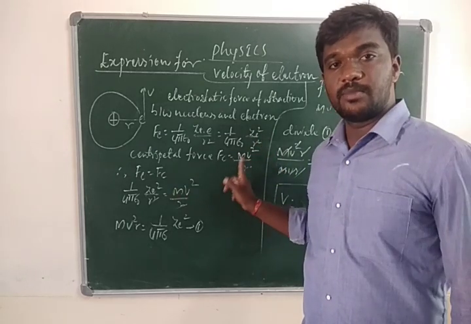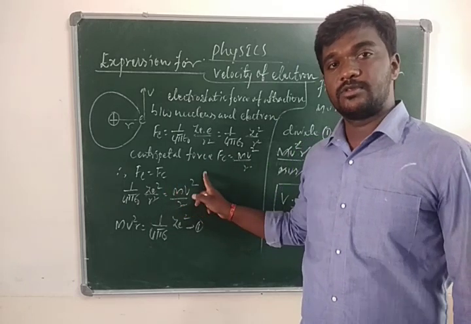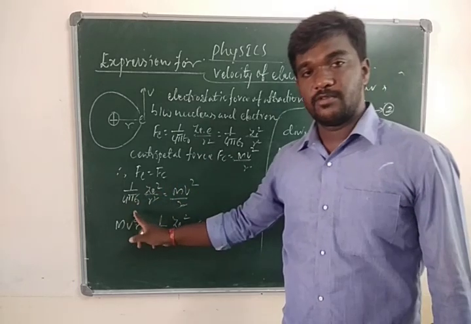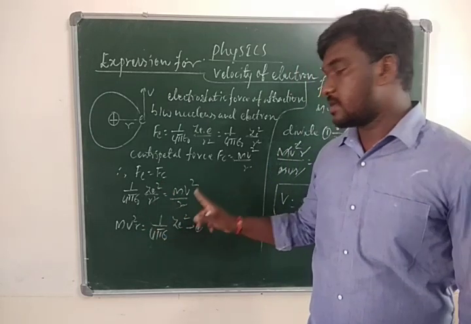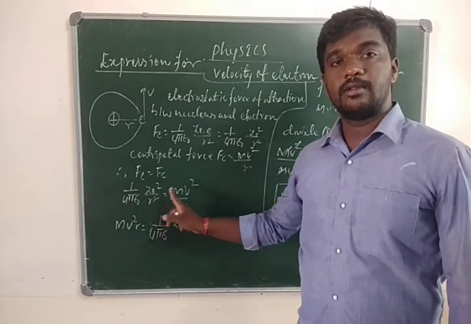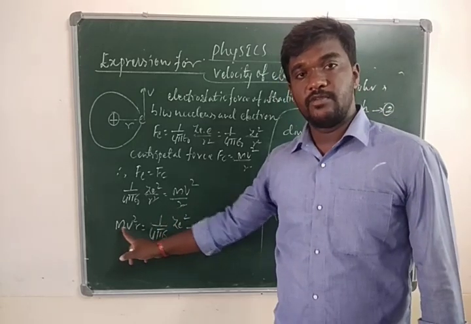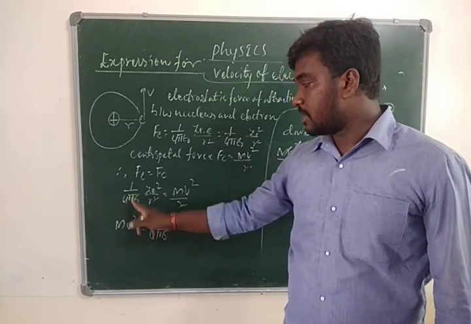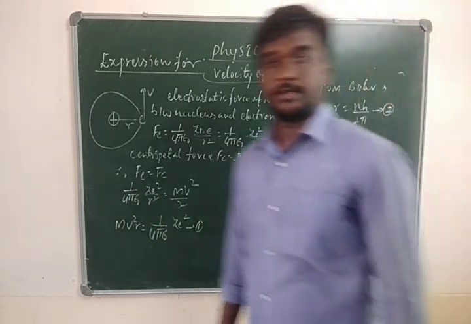The centripetal force is mv square by r. Equating them, 1 by 4 pi epsilon naught Ze square by r square is equal to mv square by r. Here r and r square get cancelled. Therefore mv square r is equal to 1 by 4 pi epsilon naught Ze square. This is called equation 1.